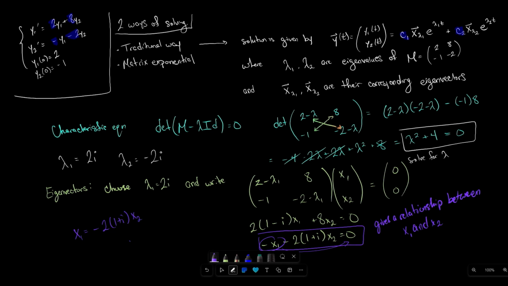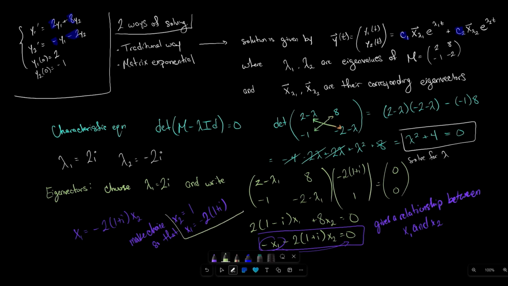And I can make the choice that x2 is 1, so that x1 is negative 2 times 1 plus i. Okay, so that's my x1 and my x2. So that means that my original eigenvector that goes in here, x1 is negative 2 times 1 plus i, x2 is 1.